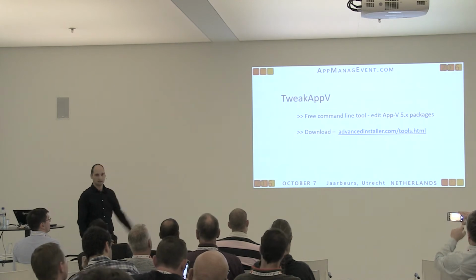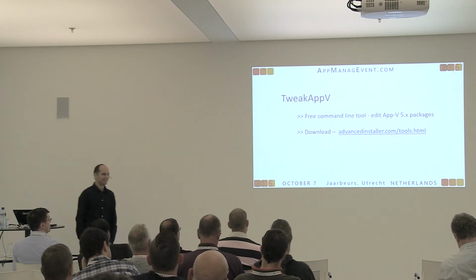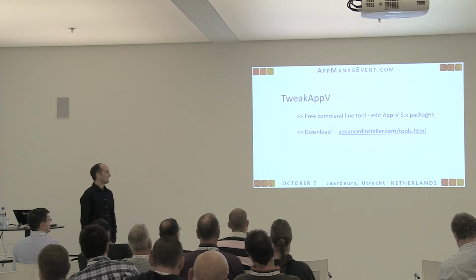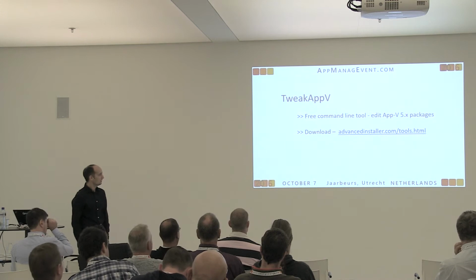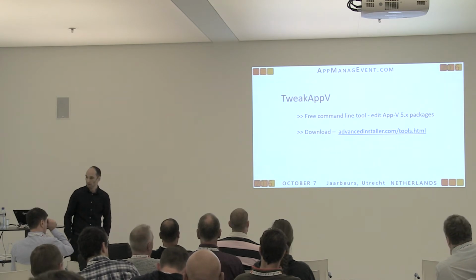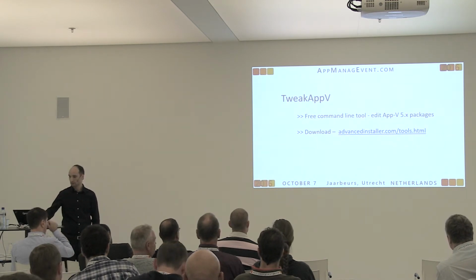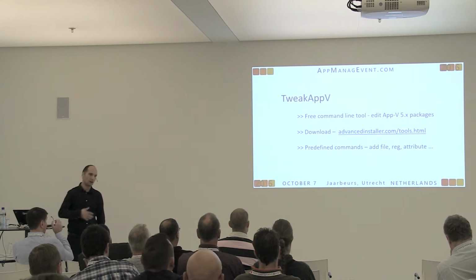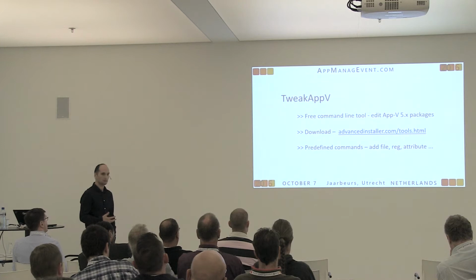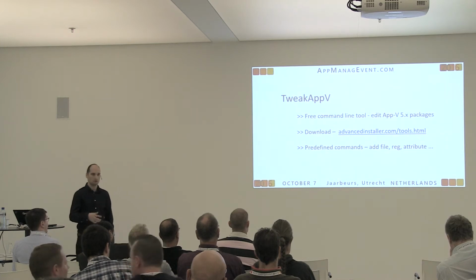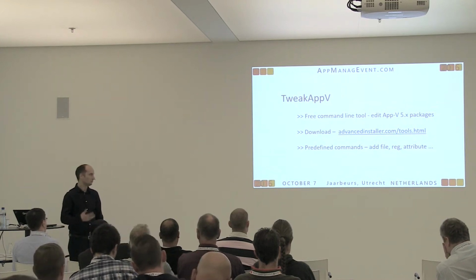You will get the slides at the end, so you can keep the pictures too. It allows you to customize AppV 5.x packages using some of our predefined commands. Like the most simple one is to add files, registry, customize an attribute from your manifest. And these are something for which we've implemented predefined commands.